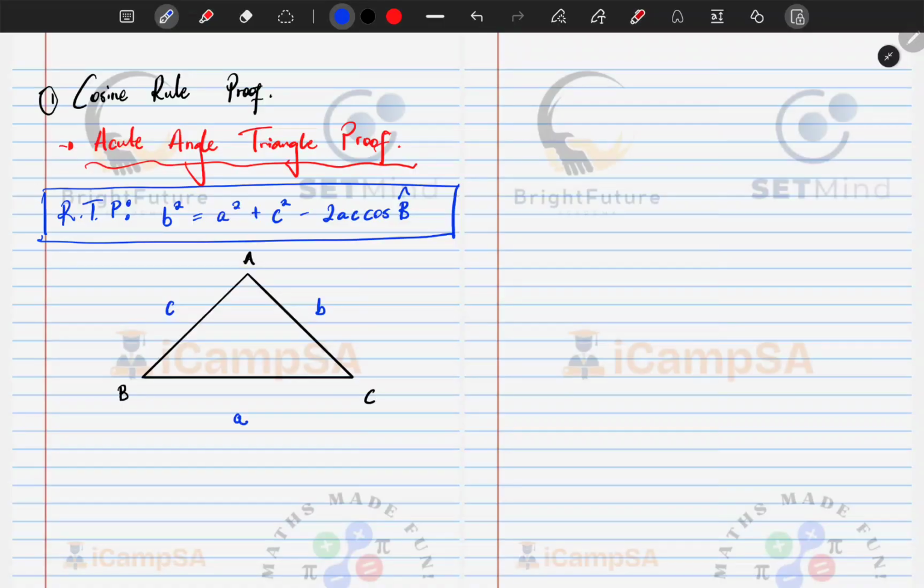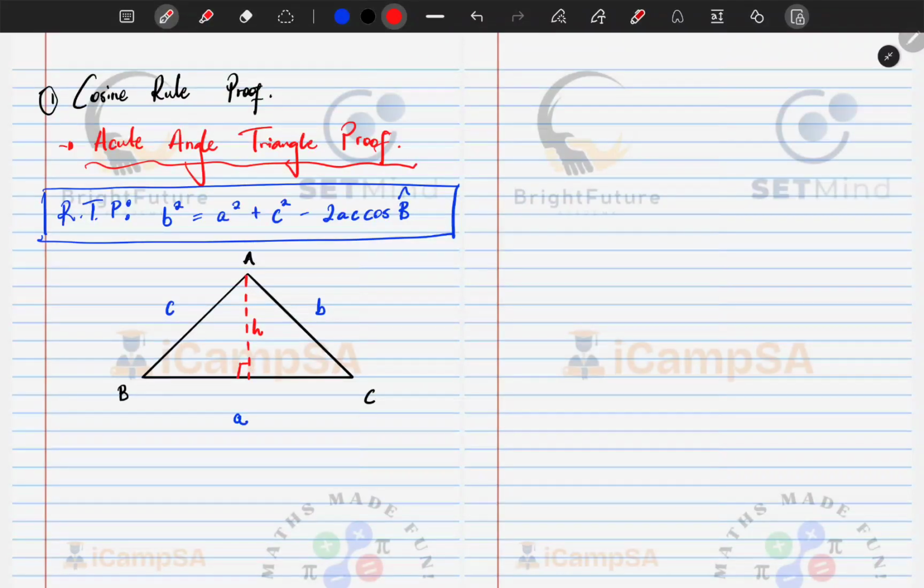In order for us to do this, we need to construct a line. Remember, for us to apply our trigonometric ratios, you need a right-angled triangle, the same as when we did the sine rule. So this is the line that we are going to construct, and this is going to be line h. It cuts the base, and we can draw one right-angled triangle.